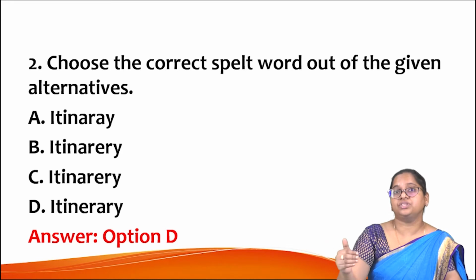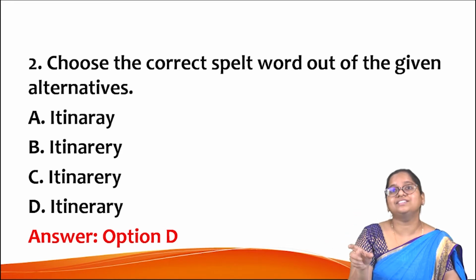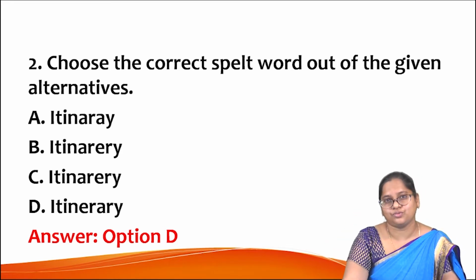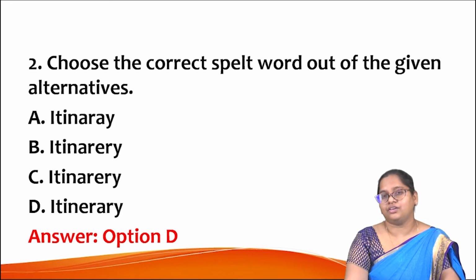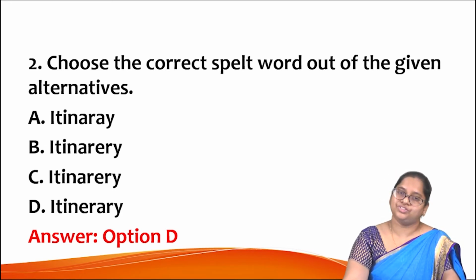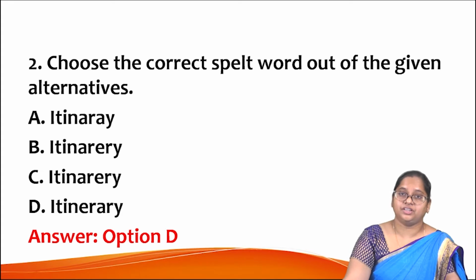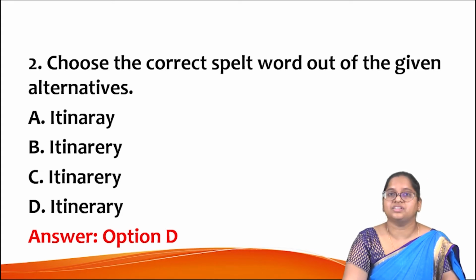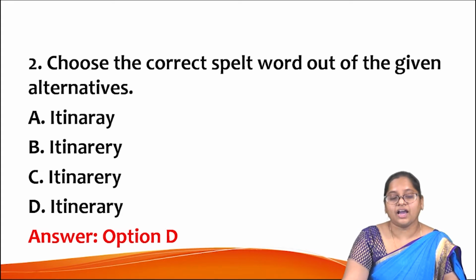So you see, with spellings, you will change your sounds also. With the way you read out the sound, with the way you write your spellings, you change the sequence. So the right option is itinerary, I-T-I-N-E-R-A-R-Y.